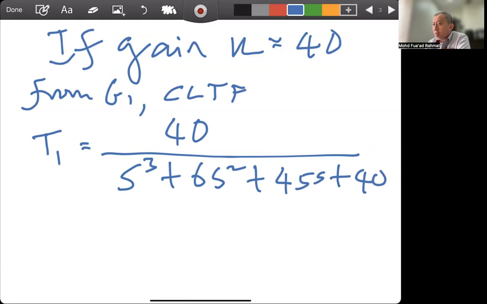When we apply closed loop transfer functions, I hope everybody knows how to do it. It is G1 over 1 plus G1.